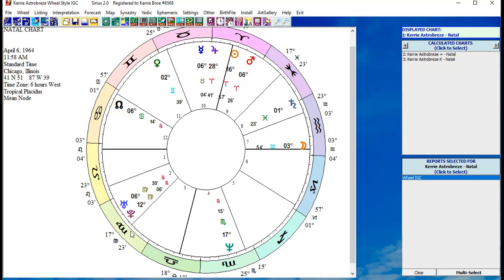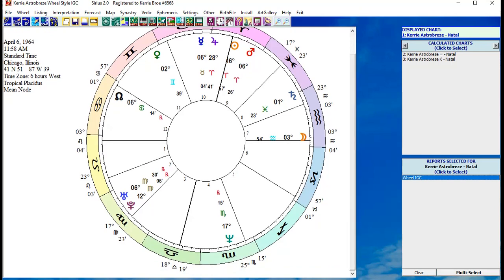So it's at 17 Virgo, the beginning of the third house cusp. And then the beginning of the fourth house cusp is 18 Libra. And then it starts to get interesting in a minute. And then on the fifth house cusp we have 25 Scorpio, right? You see Scorpio here and it's right at the end of it. So that's the house cusp ruler.